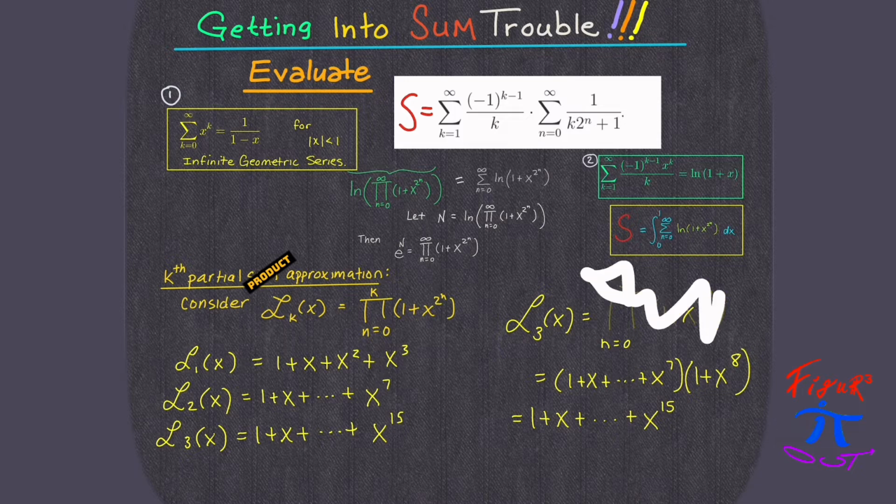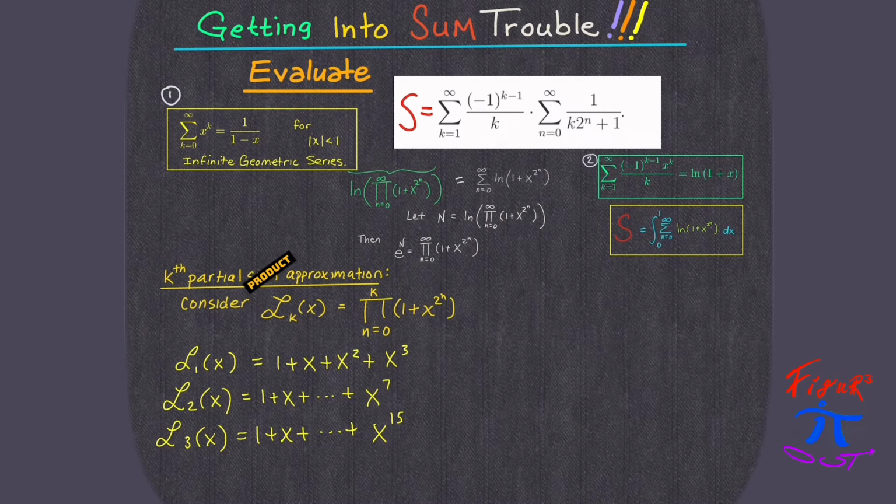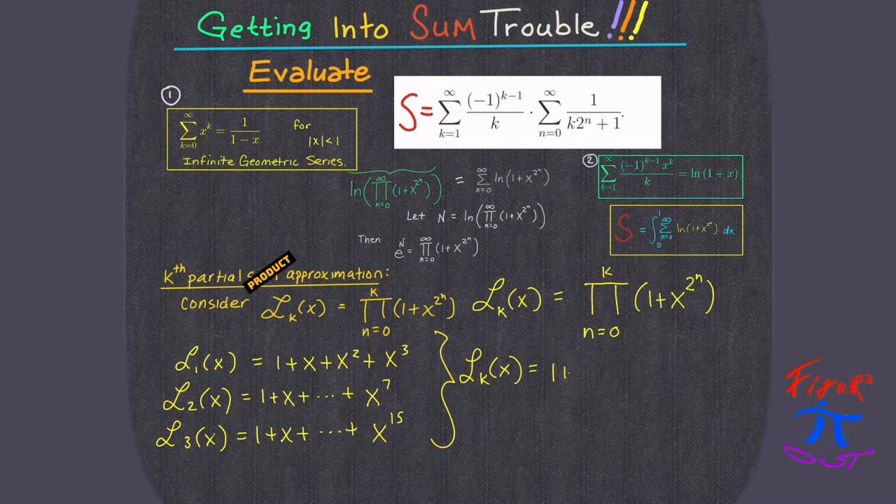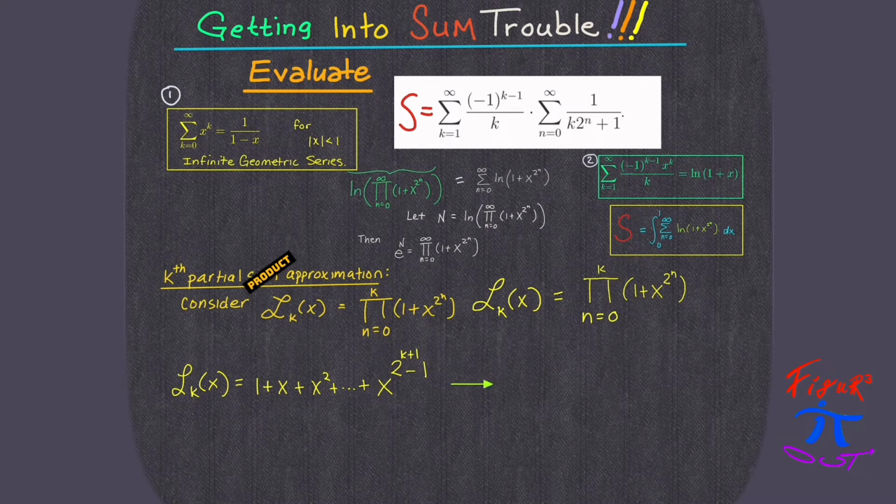So if we look at the k value and try to associate it to the degree of the polynomial, we can write this out as a pattern in terms of k. So this kth product will give us a polynomial that has a degree of 2 to the k plus 1 power minus 1.